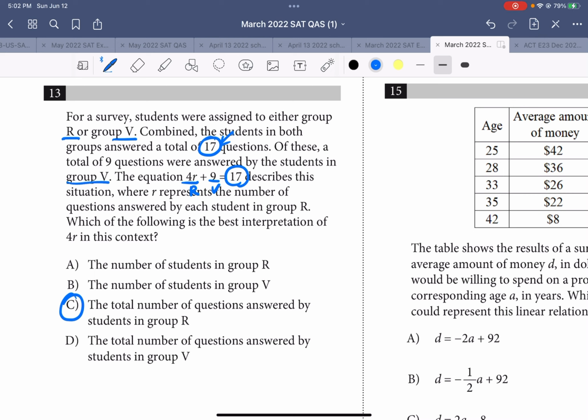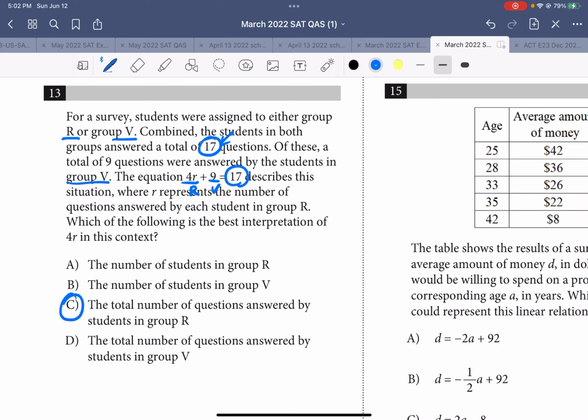Number 15. The table shows the results of a survey on the average amount of money D, in dollars, consumers would be willing to spend on the product and their corresponding age A in years. Which equation represents the linear relationship? So the best way to do this is to pick any convenient number and see which one makes sense.